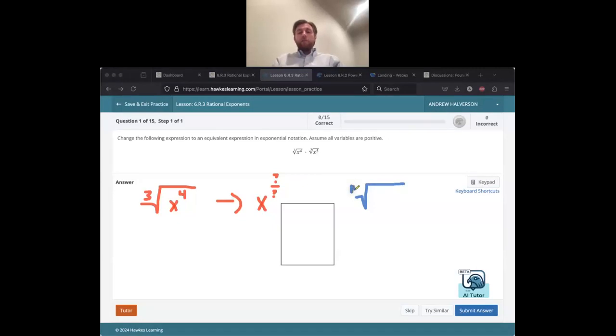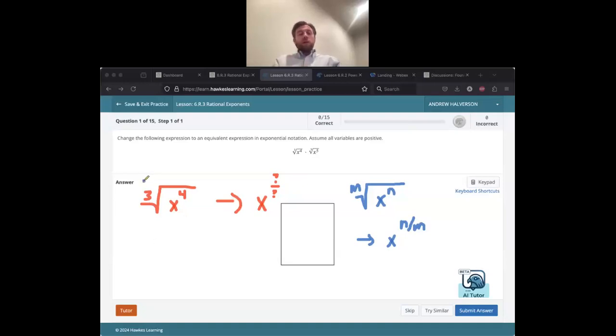The m root of x to the n becomes x to the n over m power. In other words, the root of the radical becomes the denominator in the fractional exponent.